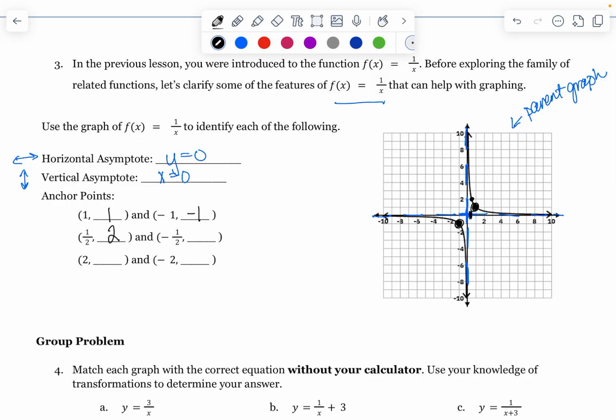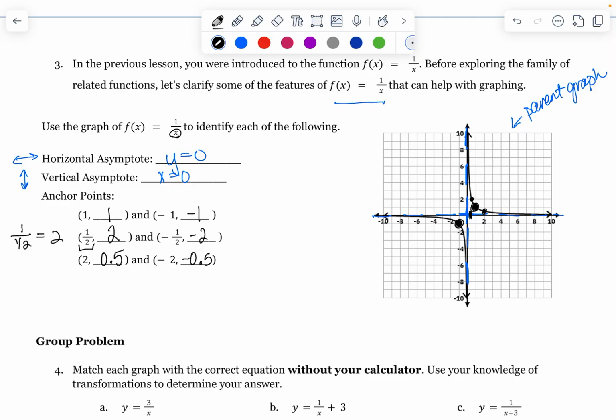I can do the same thing for negative 1/2, and it gives me negative 2. If I wanted to double check, I could plug these x values in where x is: 1 divided by 1/2 does in fact equal 2. Then at an x value of positive 2, it looks like this is 0.5, and at negative 2, negative 0.5.